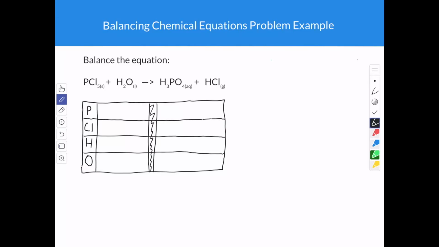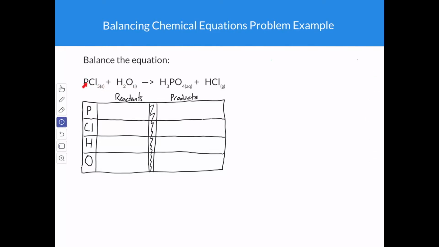Then the first thing we want to do is count all of the elements' atoms that are present on each side of the equation. We have the reactant side, and we have the product side. So, we start with phosphorus, and we start with the reactant side.